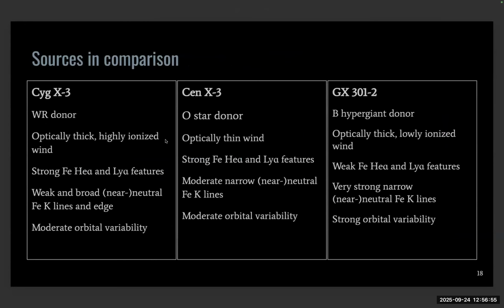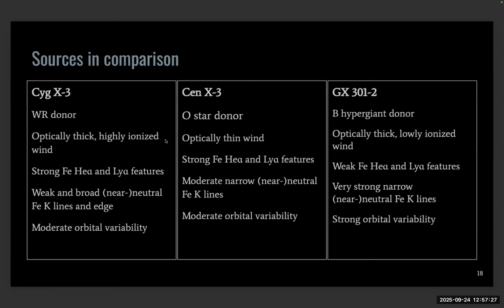There are also some ionized lines, but they're much, much weaker. So, right, the material overall has to be neutral or more neutral. And yeah, actually, it's a great question. Why?